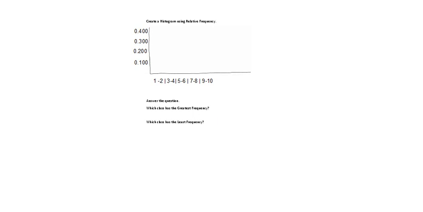All right, the frequency for 1 to 2 was 0.167. That's between 0.200 and 0.100, maybe slightly closer to 0.200. So I'll do something like that. The frequency for 3 to 4 was 0.361. So that's between 0.300 and 0.400.